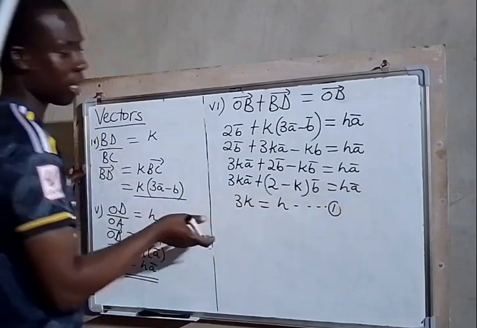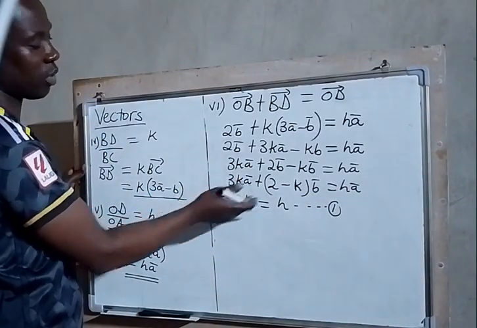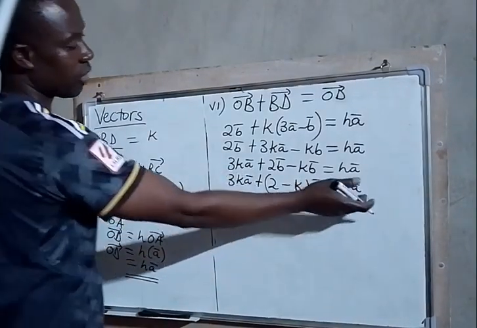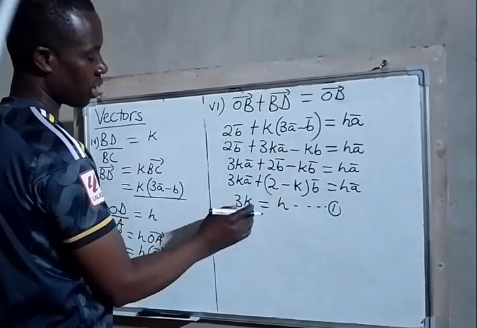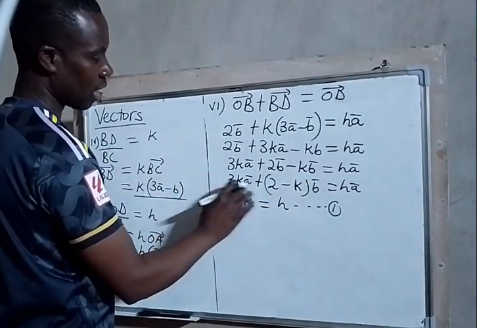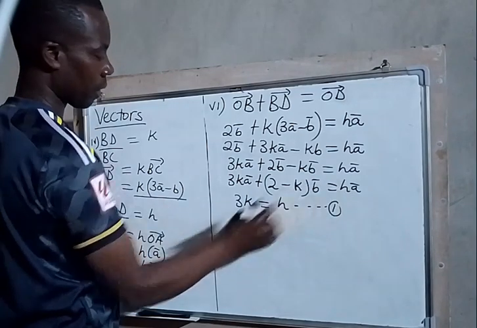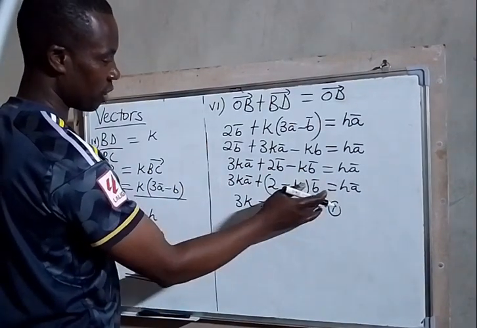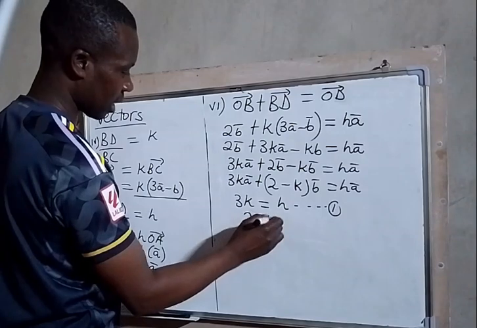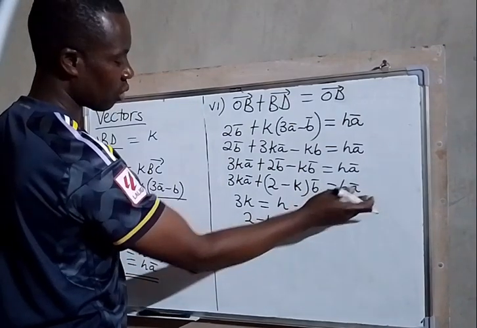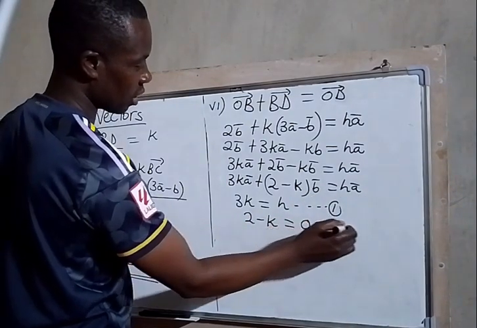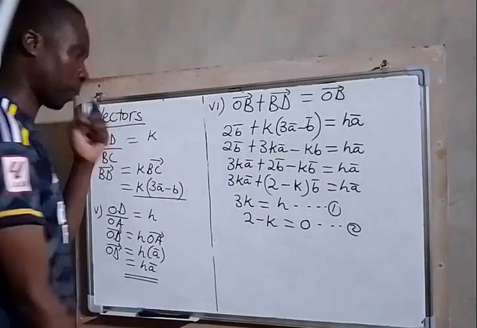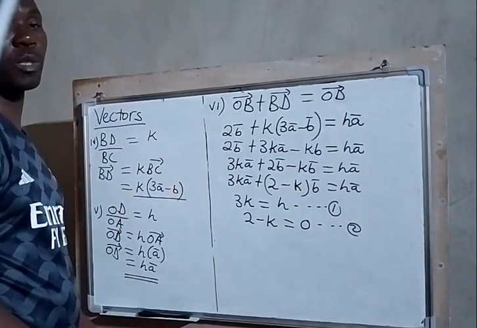It is just like comparing coefficients of A. The coefficient of A is 3K, the coefficient of A is H. Then comparing coefficients of B, we now have 2 minus K is equal to, here there's no B, so it's equal to 0. This is equation 2. This is a simple simultaneous equation.